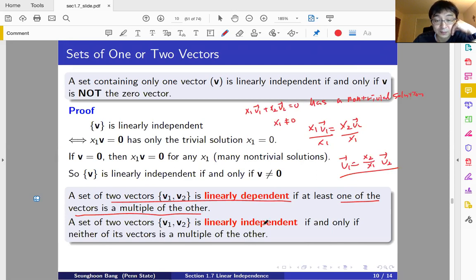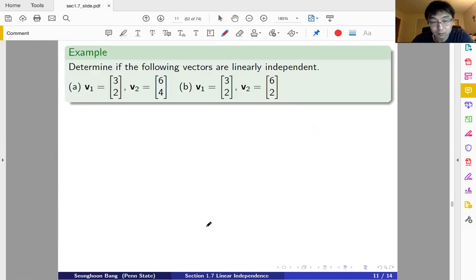Why is it linearly independent? Here, neither vector is a multiple of the other, right? This is only two vectors. Here, linearly independent or dependent? Here, v1 and v2. The first one, A. What's the vector v2?